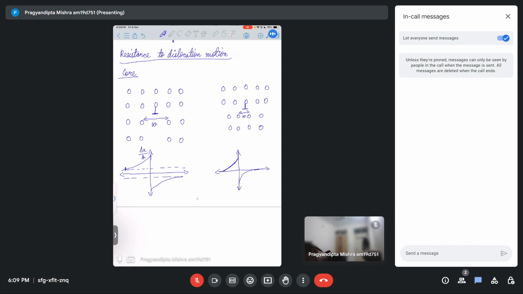For this, it is cutting here, while for this plus or minus 10% will cut somewhere here. 10% of Burgers vector, that is what is plus or minus.